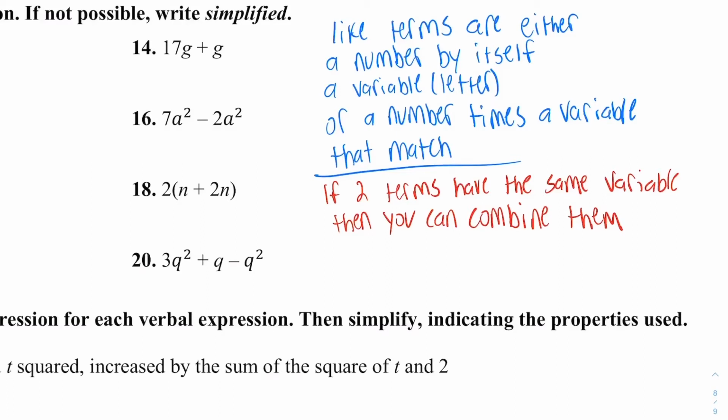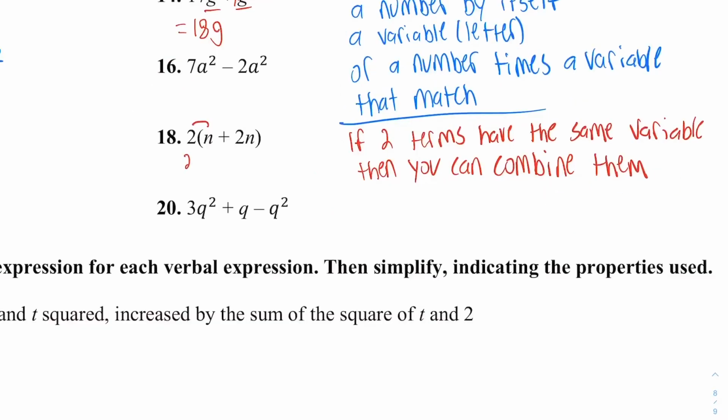In number 14, we have a G and a G. Those are the same letter, so we can do 17 G's plus, how many G's is this? It's just one G. If there's no number in front, then that just means that there is 1 times that letter. So 17G plus 1G makes 18 G's.